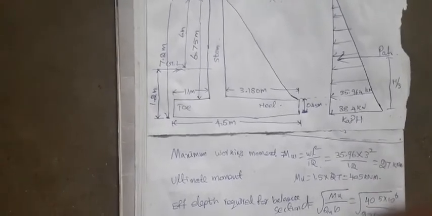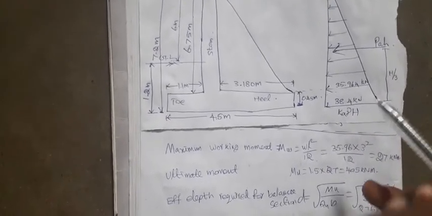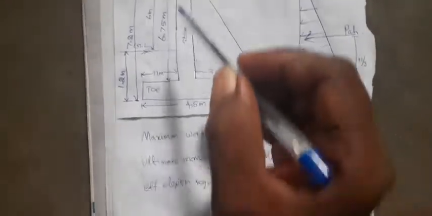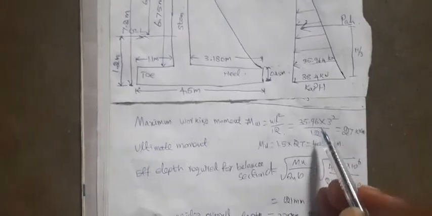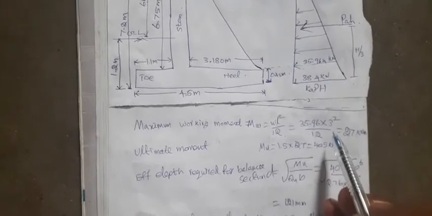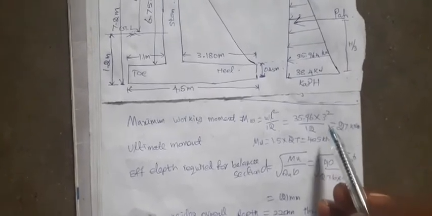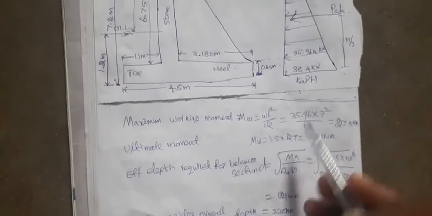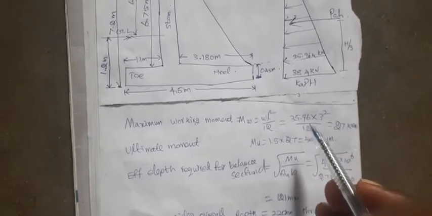This total load gives a uniformly distributed load for the slab. The slab is nothing but the stem wall here. So total load is 35.96 into L. L means the center to center distance between two counterforts, because two counterforts act as a beam and the remaining stem acts like a slab.